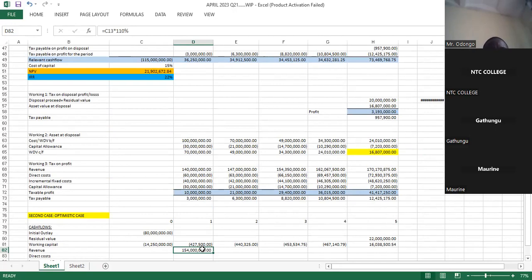Of course, it was clear that the revenue changes from period 2 to 5 just by the inflation increment. So when I come to period 2, I'll pick revenue for period 1 and multiply by, for the optimistic case, the rate of inflation of 3%, so times 103%.